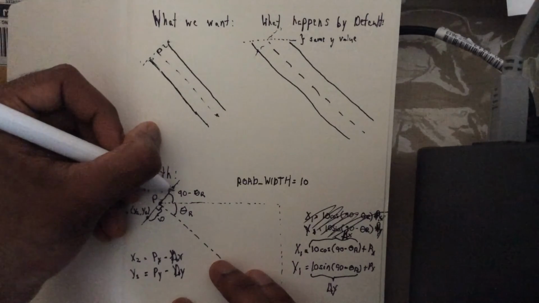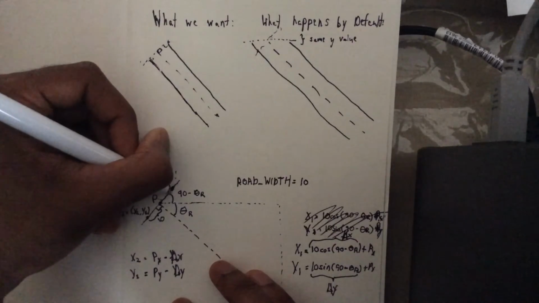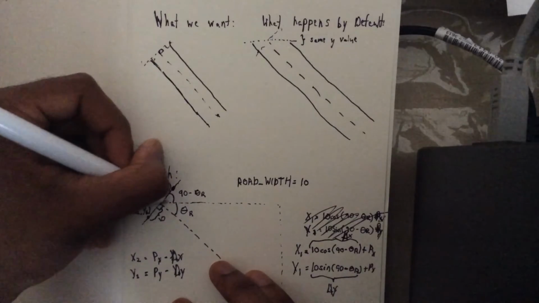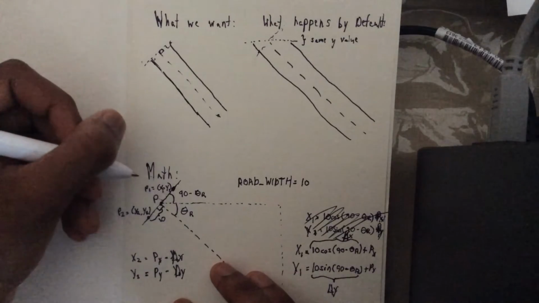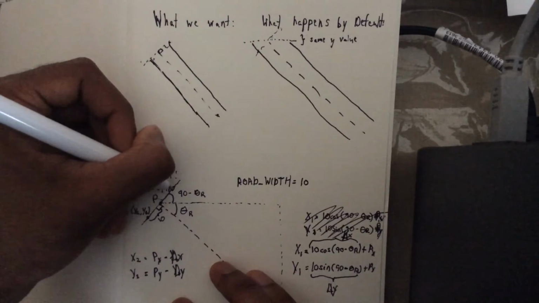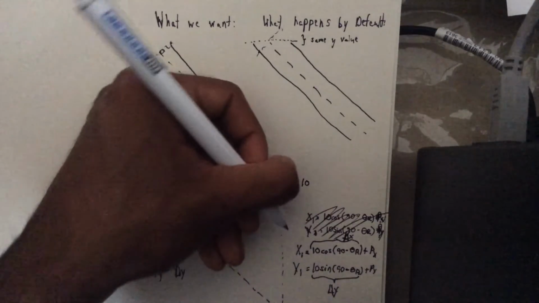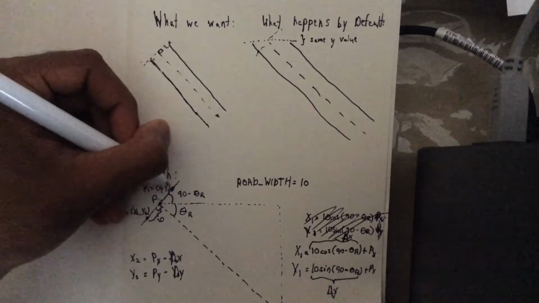We'll call these delta y, right here, and delta x. Now we can label this point x1. So x1 over here is equal to 10, which is the hypotenuse of this triangle.